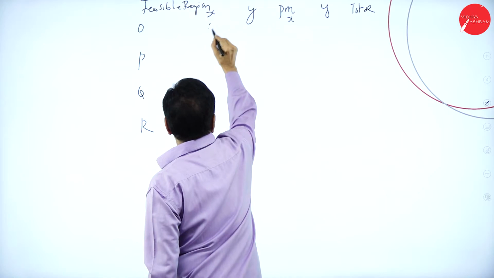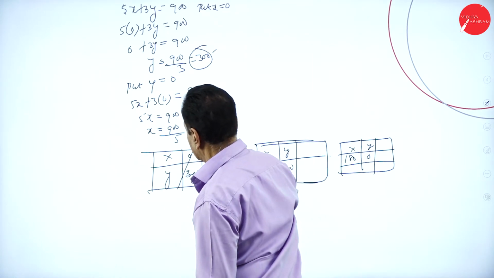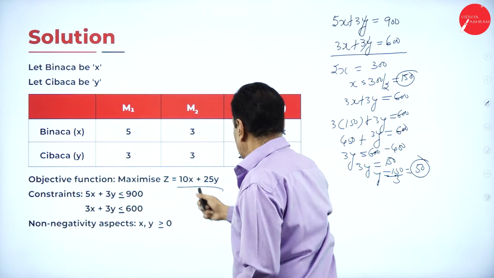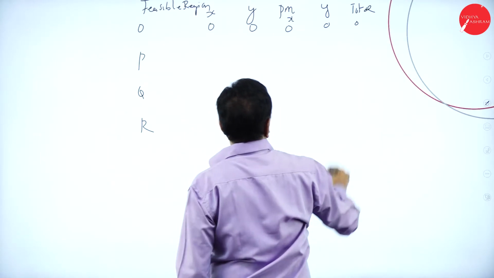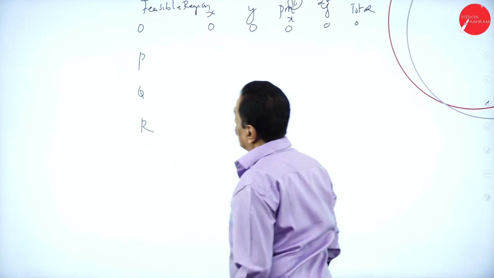This is 0, leave it off. What is the profit of X? Profit of X 10, Y 25. Come back to P.